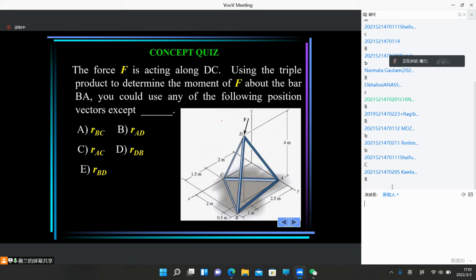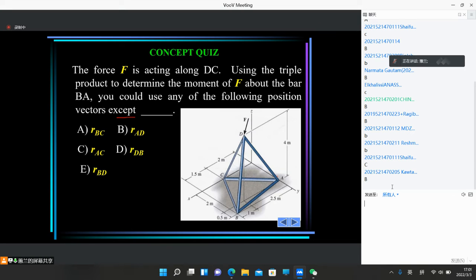The force F is acting along DC. Using the triple product to determine the moment of F about BA, this is BA, you could use any of the following position vectors except one. The force F is along DC.